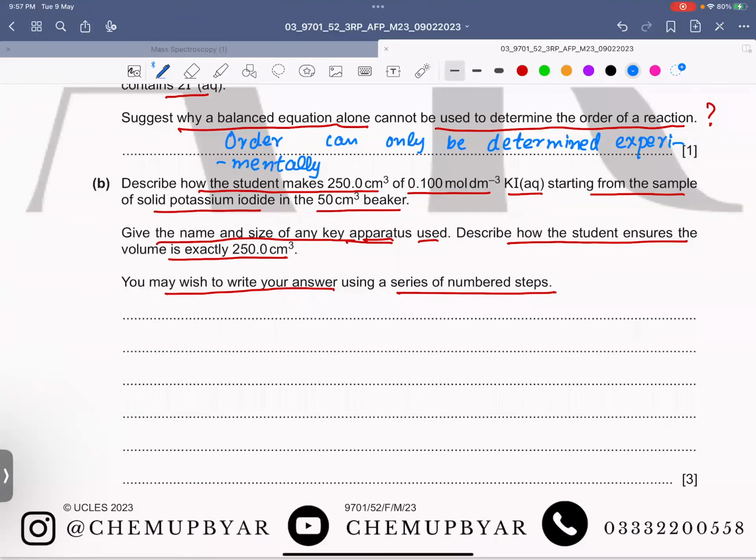Who can answer? In which glassware do we prepare a solution? Volumetric flask, very good. So we always use a volumetric flask. Okay, so there is a solid in a 50 centimeter cube beaker. So what will you do first?